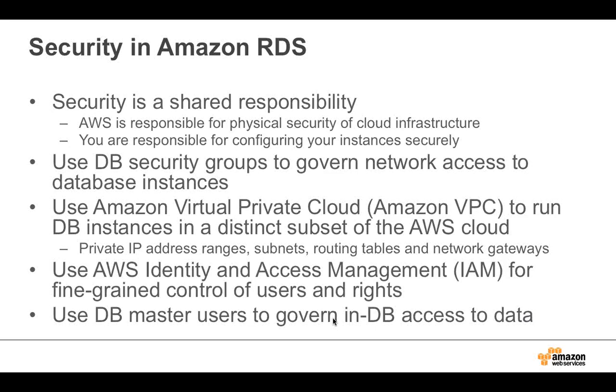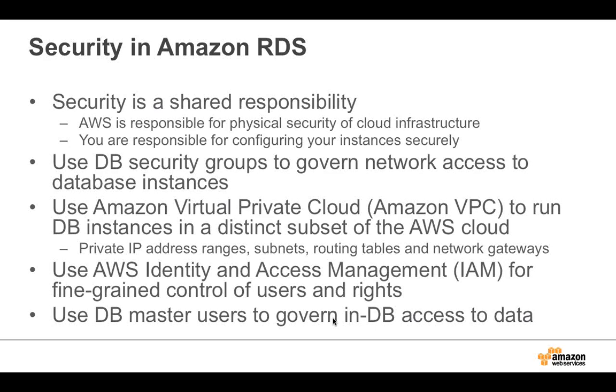Now, this talk would not be complete unless I addressed the incredibly important topic of security. Earlier, I talked about the security benefits that the AWS environment delivers. I'd like to make it clear that security is a shared responsibility between our customers and AWS. AWS delivers a physically secure infrastructure, and our customers are responsible for correctly configuring their instances for secure operations.